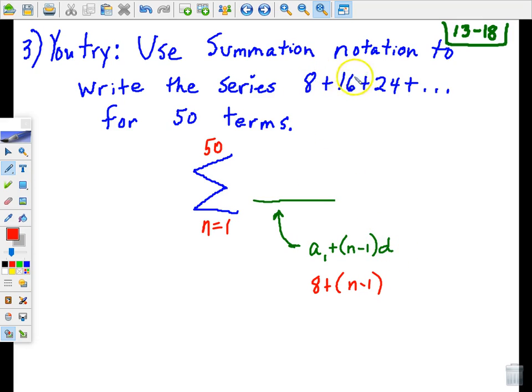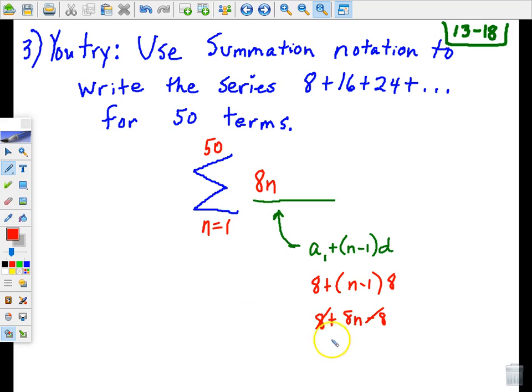This time we're adding 8 each time. All right, distribute: 8 plus 8n minus 8. And once again, those constants will cancel each other. And so the expression that goes to the right of sigma will just be 8n.